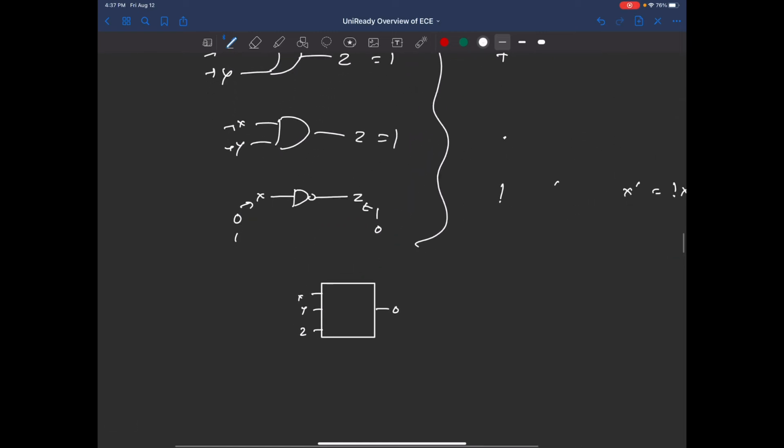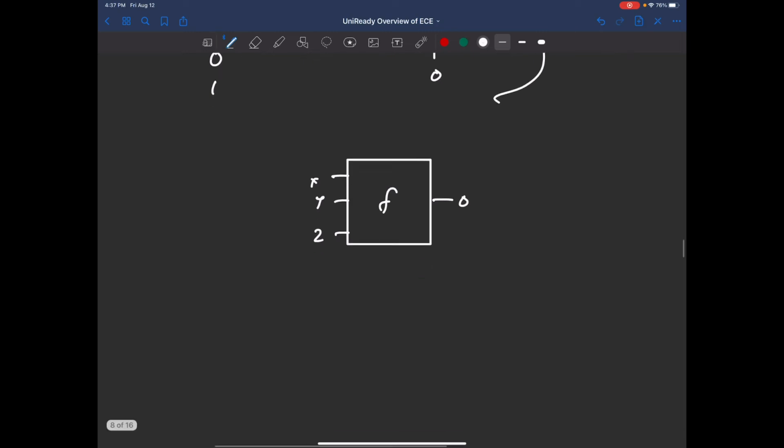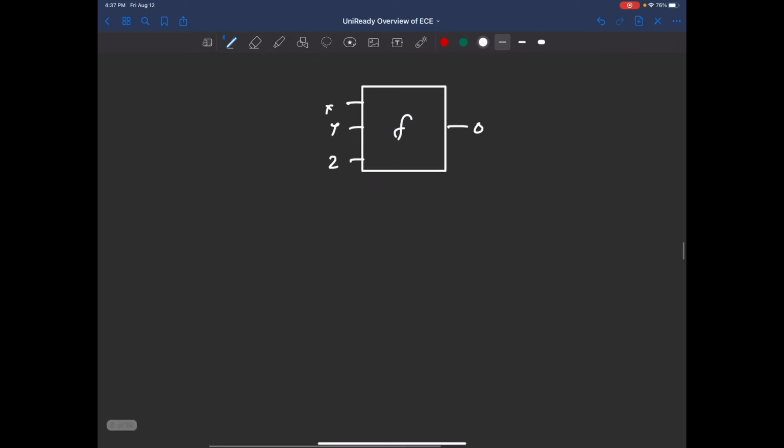So back to this function. You get this black box, let's just call it F, but you can really call it anything. And let's say we want to define how this black box behaves. And defining it really just means for some values of X, Y, and Z, I want O, the output, to be some value. So we usually do that using truth tables. So we have X, Y, Z, and O. We usually draw a line here, right?